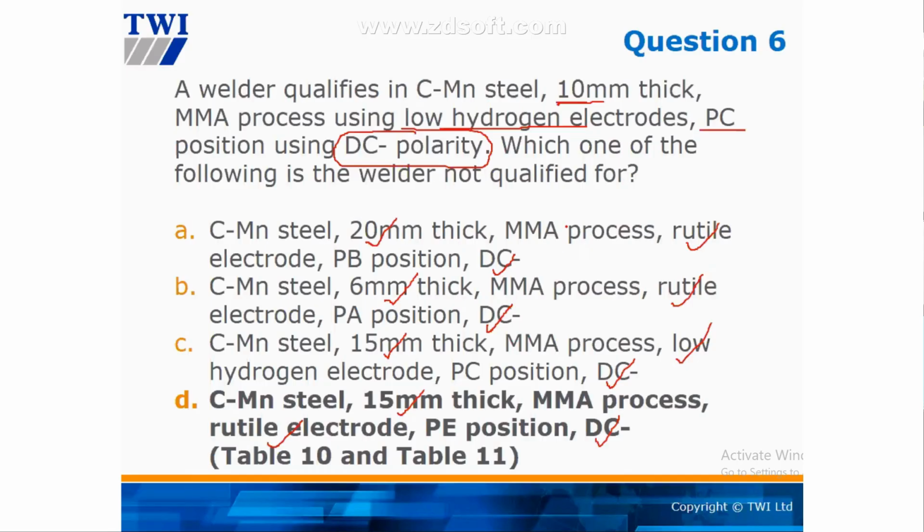So that's why here we see that this one PB qualified, PA qualified, PC qualified, but this one is not qualified, PE position. All right, so the answer goes to D.